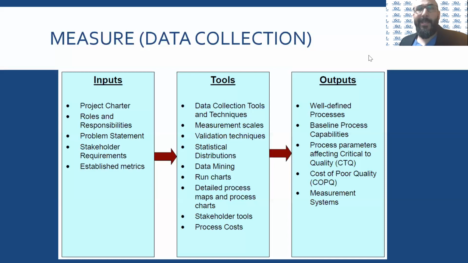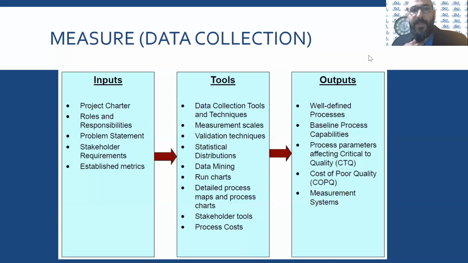Some data mining and data programming if we need to code or uncode the data. We should use some charts such as the run chart and the SPC, statistical process control chart as well. We have to have a detailed process map. Now we're talking about the value stream map, extremely detailed with more information about the process. We should have a process cost as well.